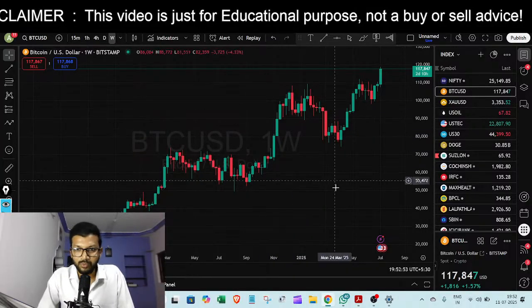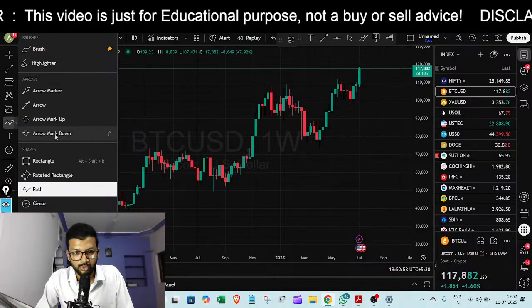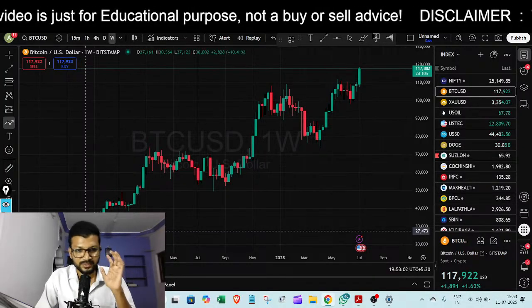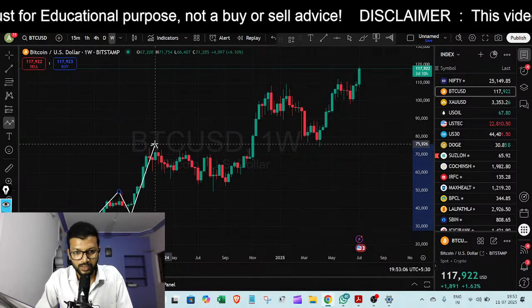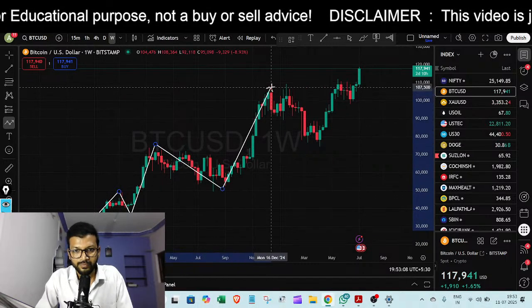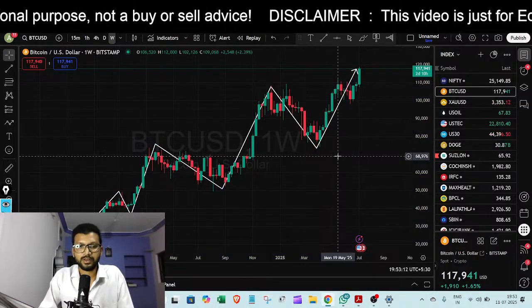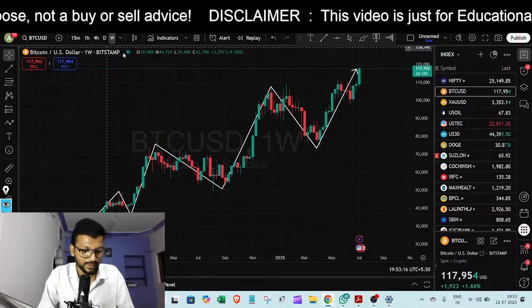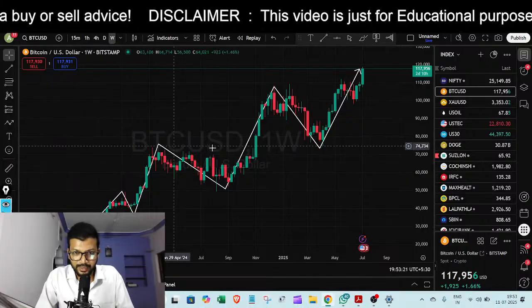In the 1 week chart, if you take this tool called path and just mark lows and highs, that's it. From this low, the market has moved to this high, then low, high, low, high, low, high. Simple. You have to mark only lows and highs, in the higher time frame, which must be the weekly chart. Now you will get an idea, right?